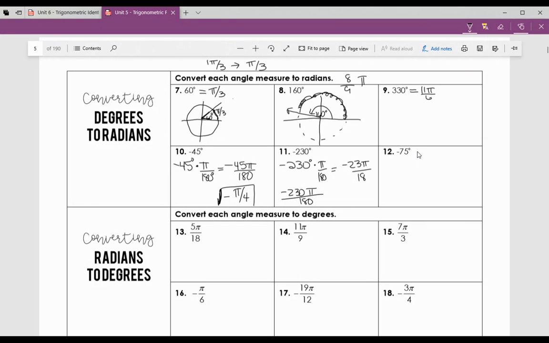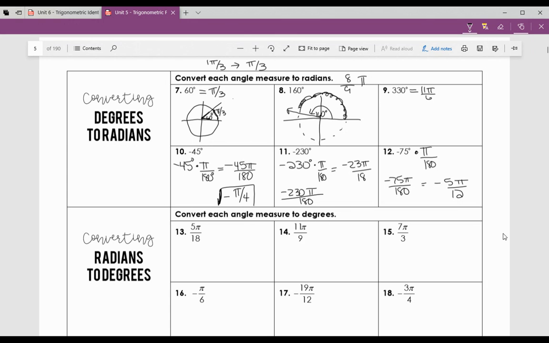Negative 75 times pi over 180 gives me negative 75 pi over 180, and that reduces to negative 5 pi over 12. Any questions about the negative angle conversions?